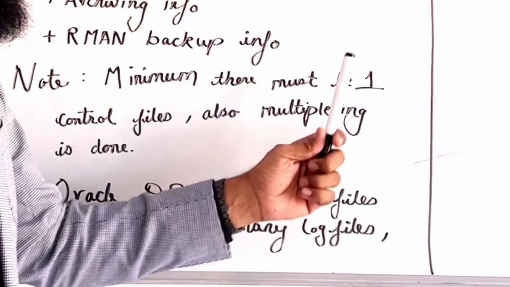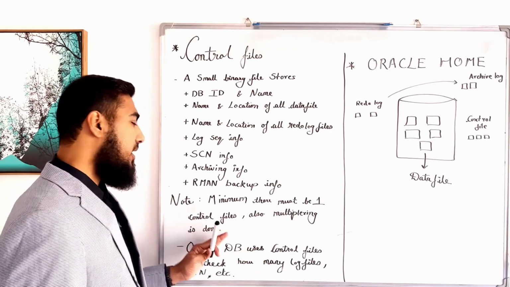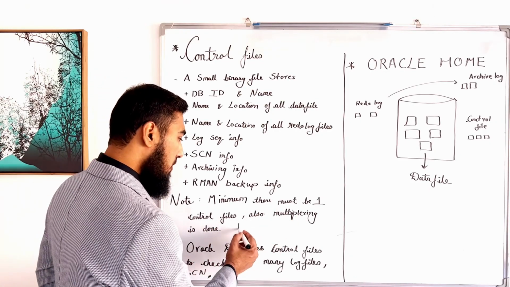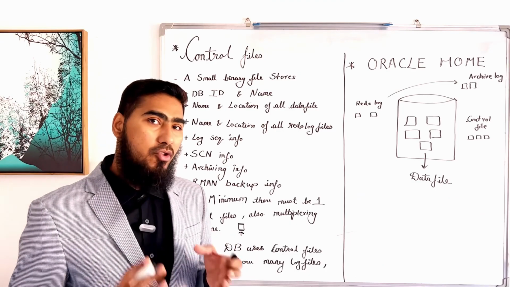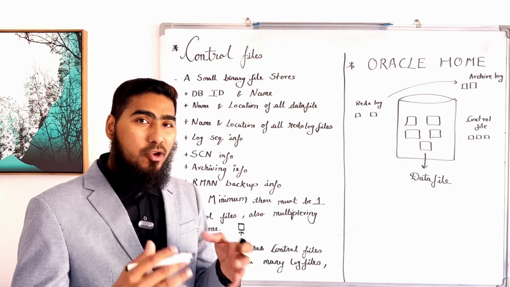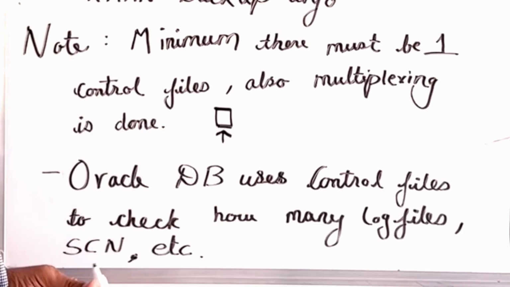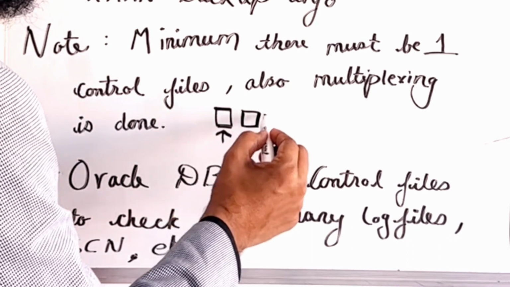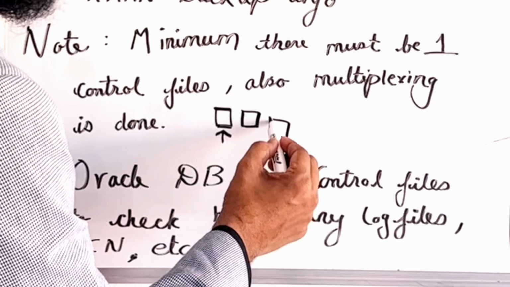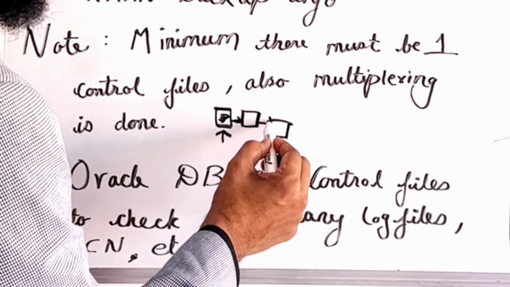Minimum there must be one control file. That means a minimum of one control file is mandatory for you to bring your database up. But you can have multiplexing, which means you can have more copies of the control file. The data would be written here and it would be copied here and here.